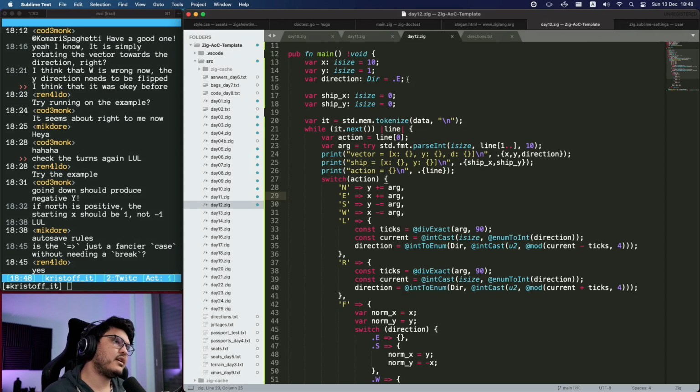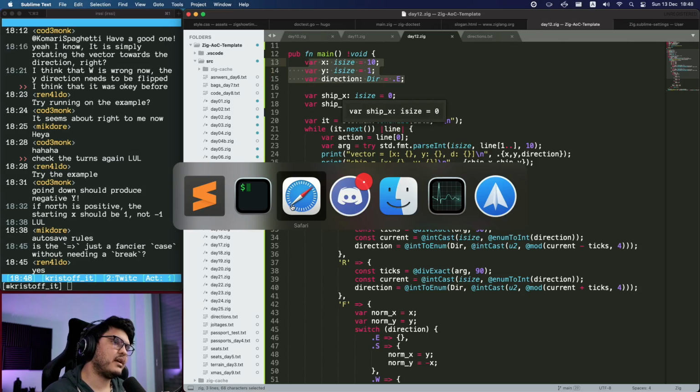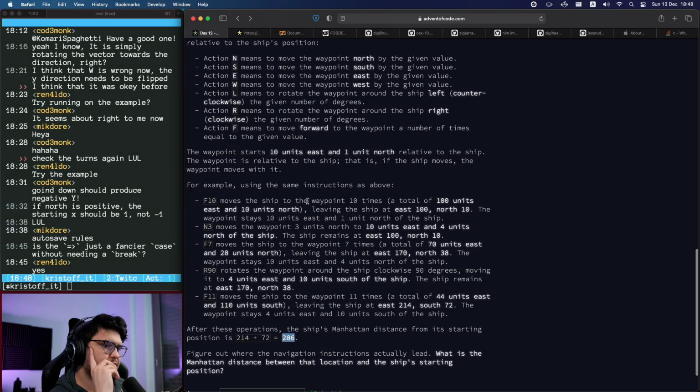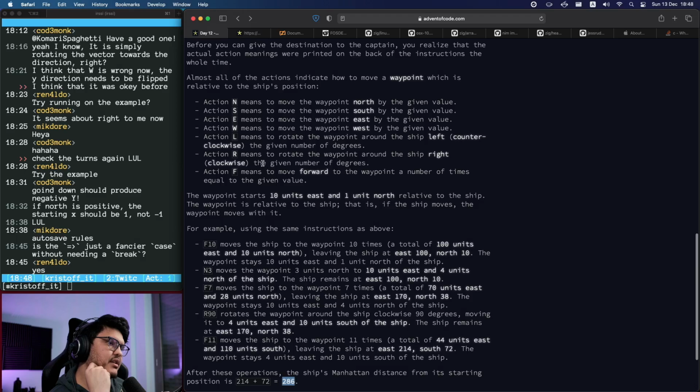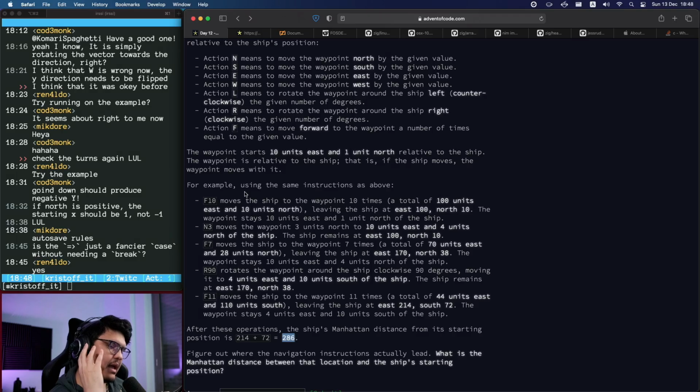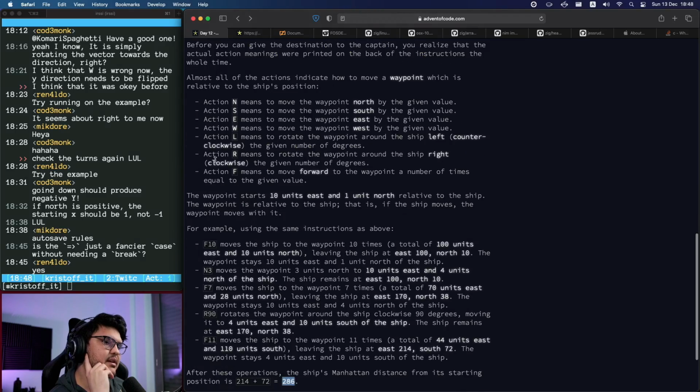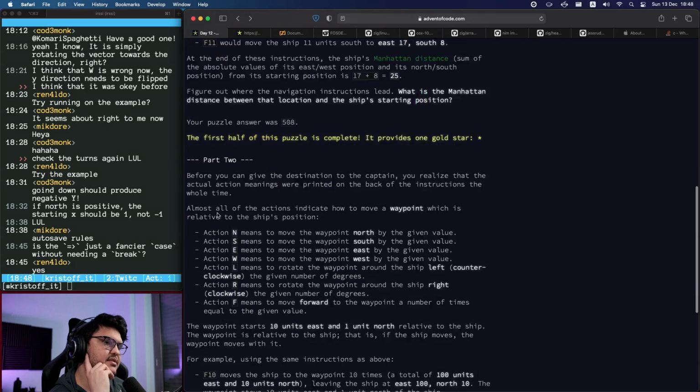I did this thing where I said now direction is something that applies to the waypoint and it doesn't apply to the ship itself anymore. I maybe should double check if that's the case. Although if I missed something big conceptually like this, I think the sample case would have caught this.